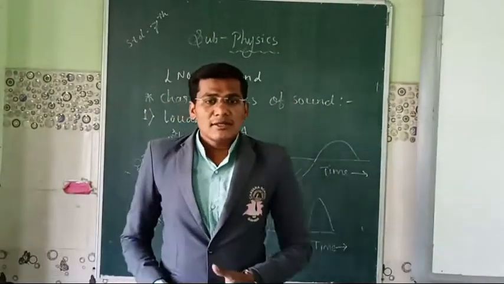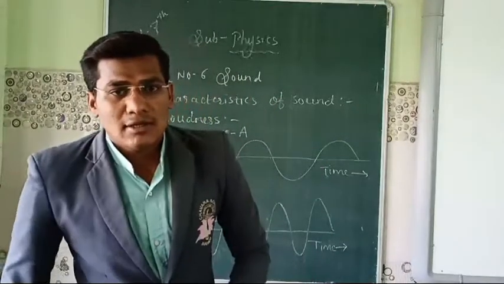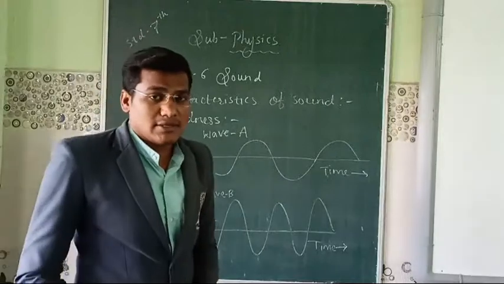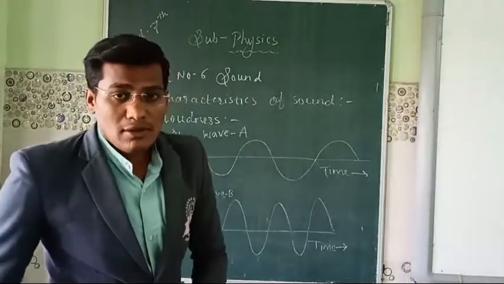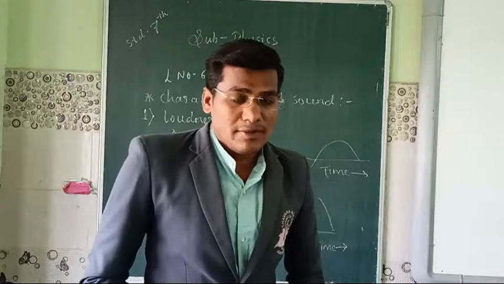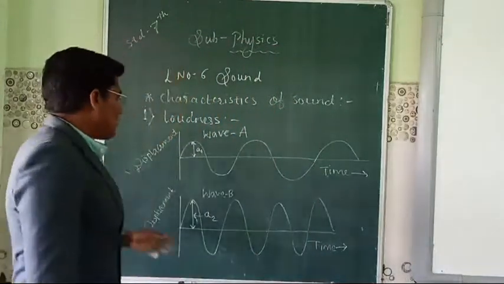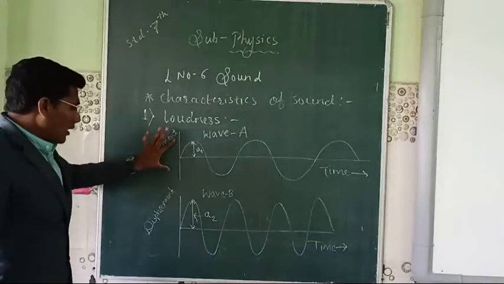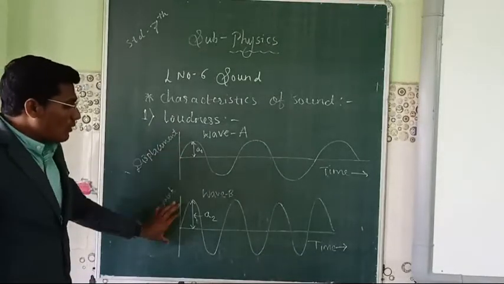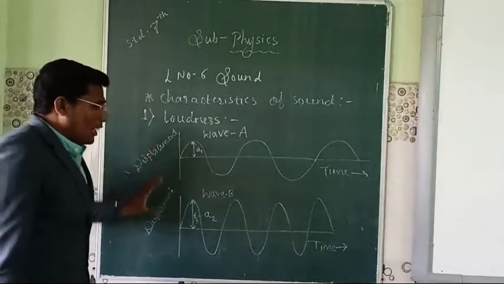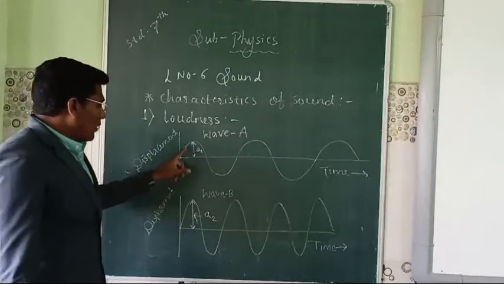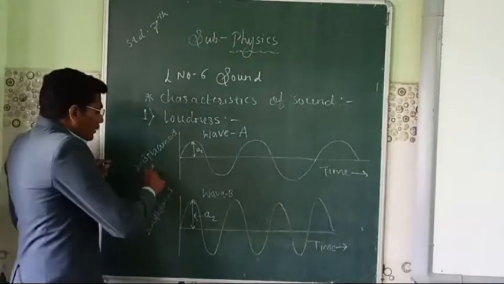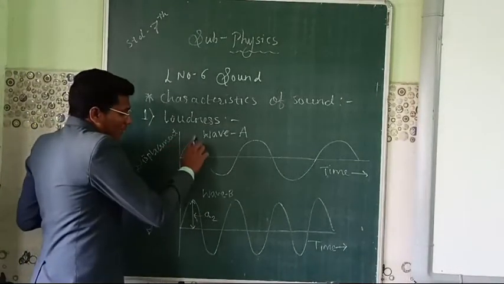As we see in the definition of loudness, the more the amplitude of the vibrations, the more the loudness of that particular body. So we will discuss using these two figures, figure A and figure B, or wave A and wave B. In wave A, we can see that the wave is constant, but the displacement of the wave is less.